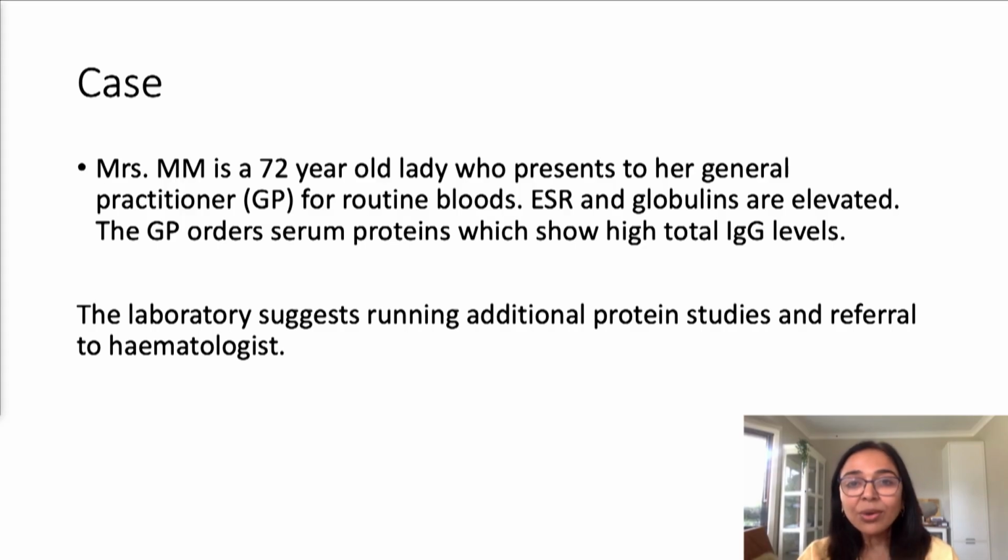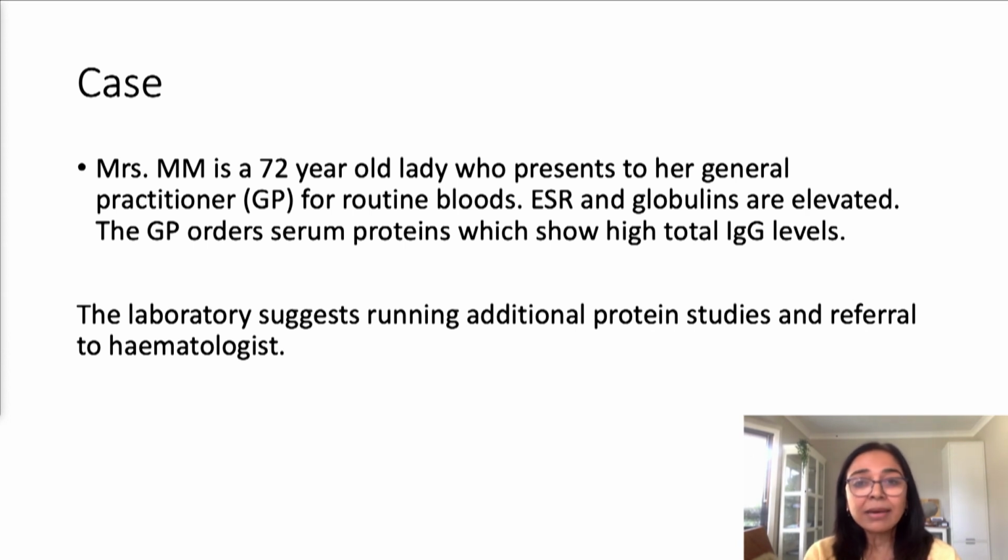Now the GPs know that when you get elevated globulins, it can be a whole range of different conditions, including multiple myeloma. So normally they will order serum immunoglobulins. So they will check your IgG, IgA, and IgM levels.